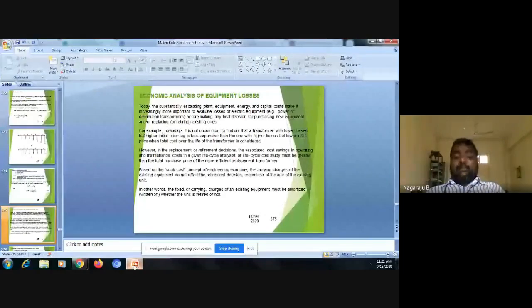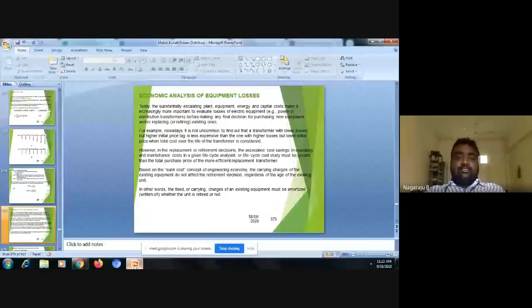In other words, the fixed or carrying charges of existing equipment must be borne whether the unit is retired or not. Okay, this is about the economical analysis.